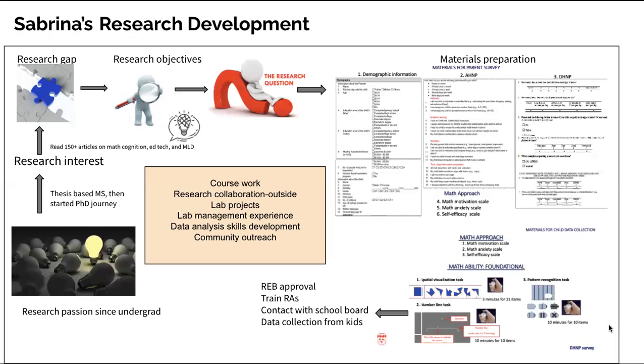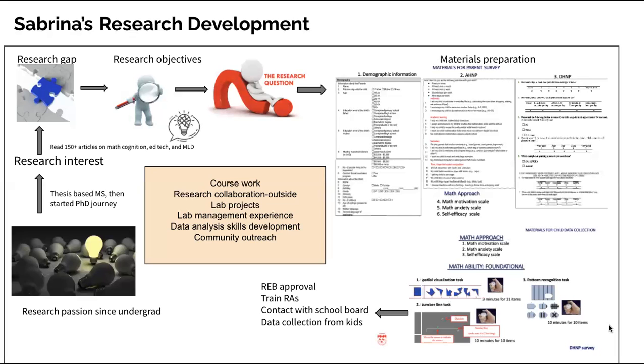These experiences will give me lots of skills. And then I had data analysis experience, because I had to work on these 200 kids' data, parents' data, and other side study project data as well.